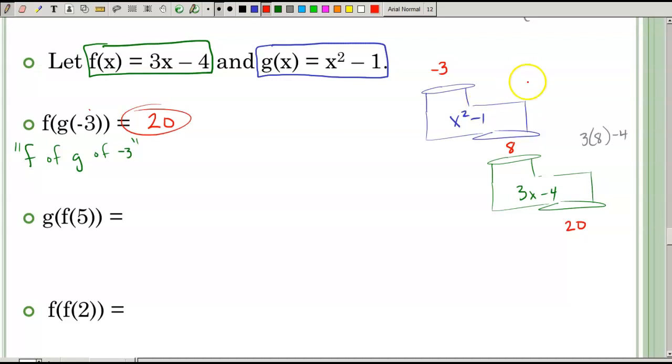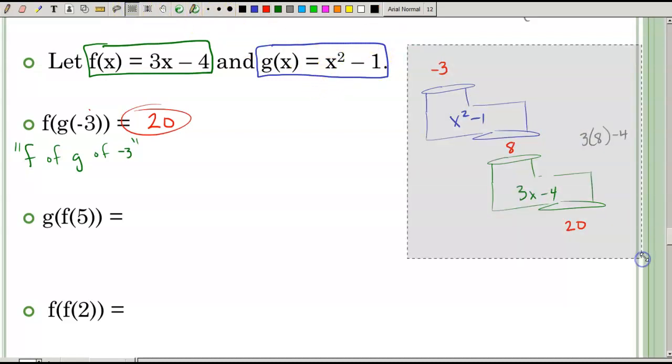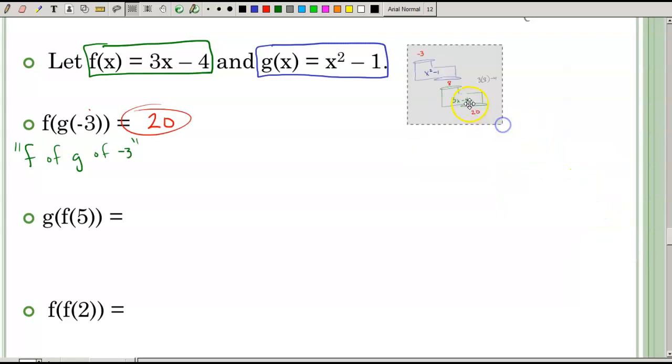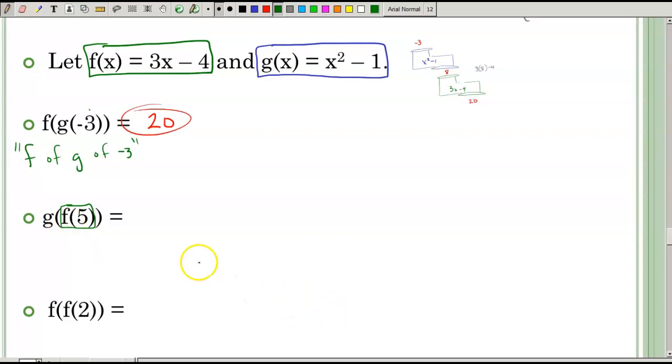Okay, so let's look at the next one. I'm going to take this and make it smaller. What is g of f of 5? If we didn't draw out the visual here, we could simply do the inside first. What is f of 5? I'm going to take 5 and plug it into the function f.